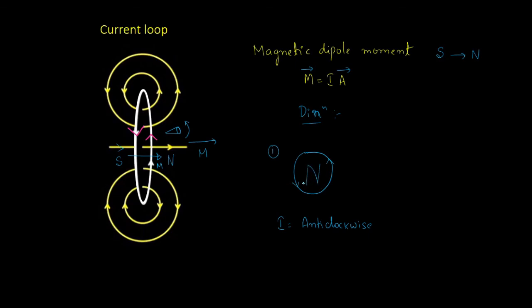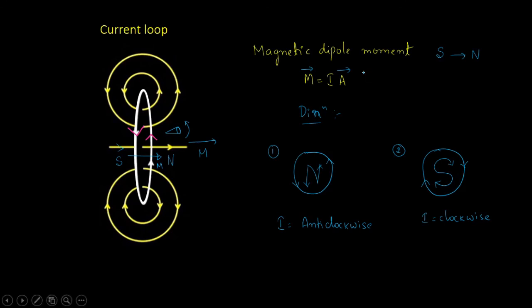So the magnetic field lines will be coming out, and this particular side of the loop will be behaving like a north pole. If an observer observes that the current flowing in the loop is in the clockwise direction, in that case, this side of the loop will be behaving like a south pole. So if the current is in the clockwise direction, the magnetic field lines go inside it. So in this case the loop will be behaving like a south pole.